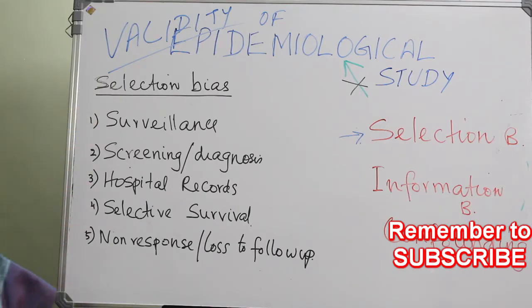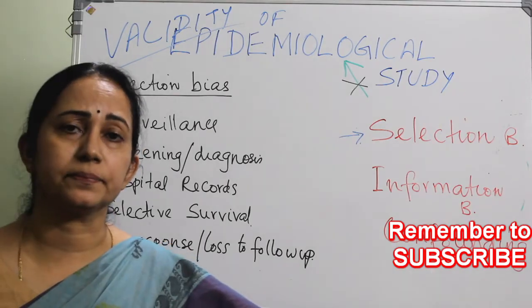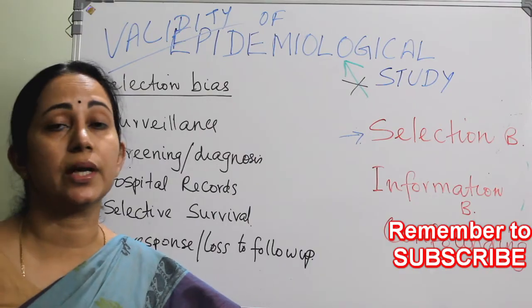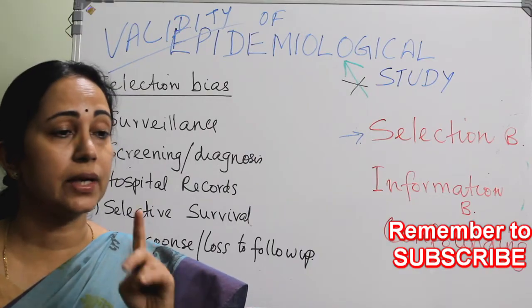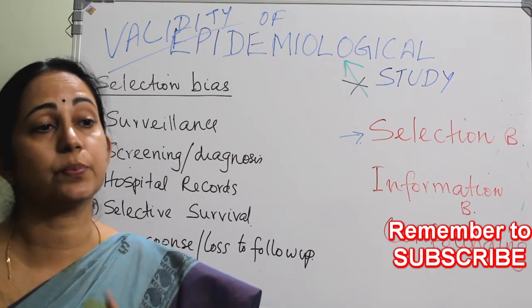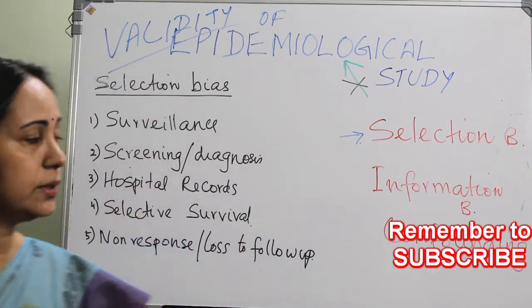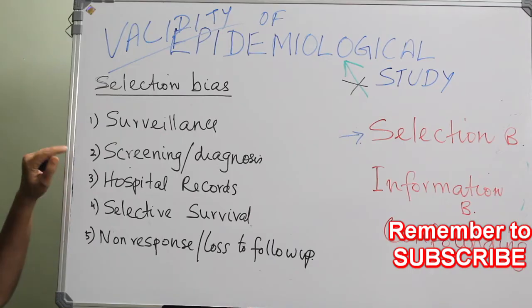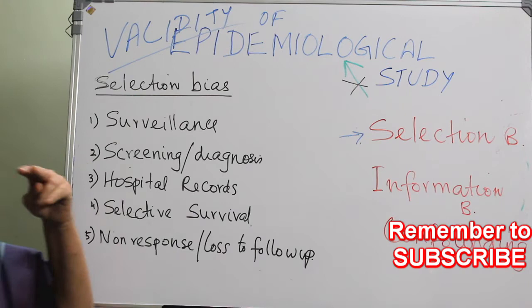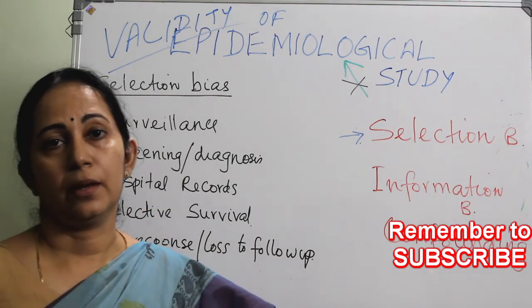We want to give a surveillance notification to all exposed cases. See, we are giving surveillance notification to exposed cases, so there is a chance of more exposed cases coming to the study. Second, we select individuals by doing a screening test or diagnostic test.